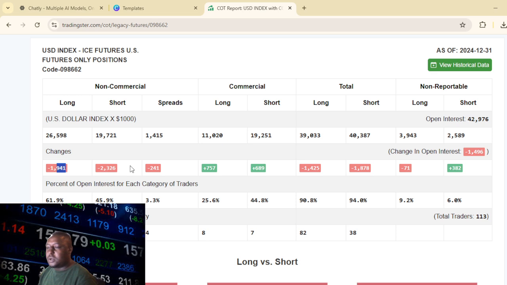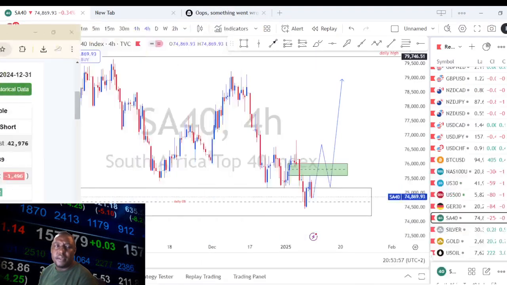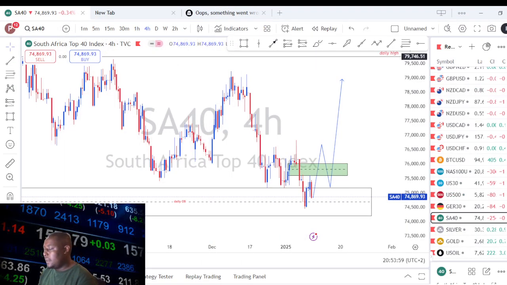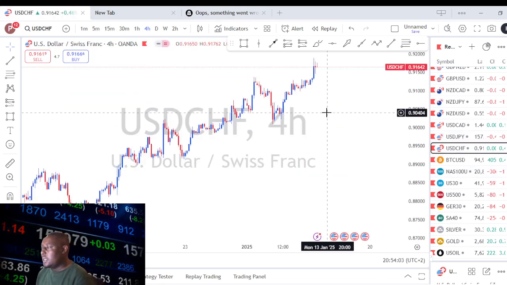Also, the dollar they closed long and short, net shorts. But let's see what's going to happen. We might get a retracement back this coming week. So yep, this has been an interesting one for the following week.